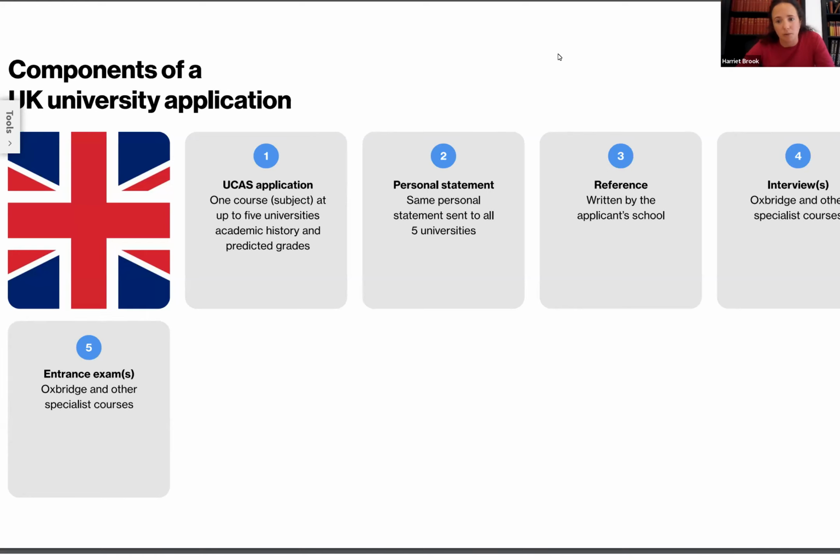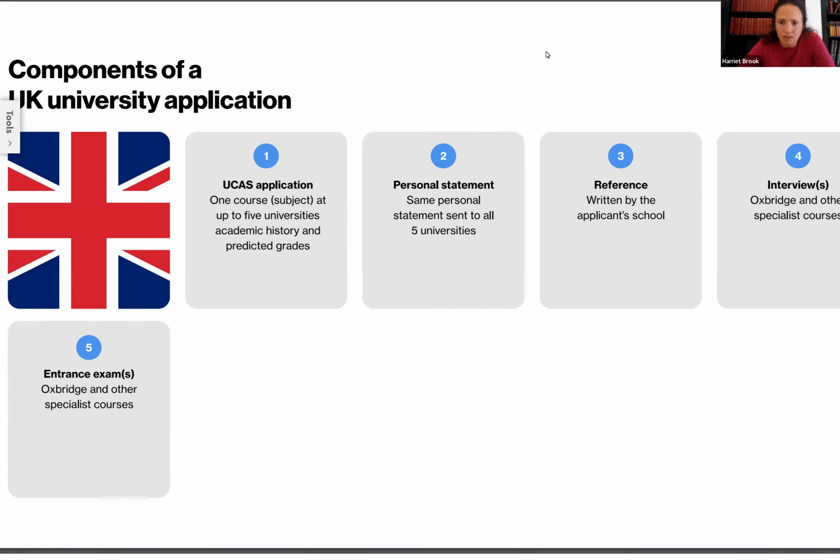But it is really important for those applying from non-UK regions for their schools to be aware of their goals and what they're looking to do in the UK, so that they can be confident that the referee, the person writing that reference, has a really good sense of what the university will need to see and know within that document. But really it is designed to reinforce what the personal statement says.